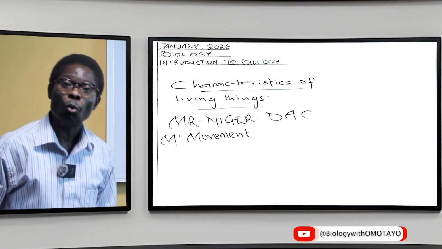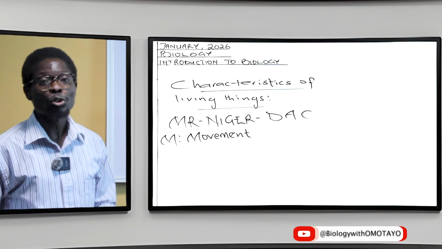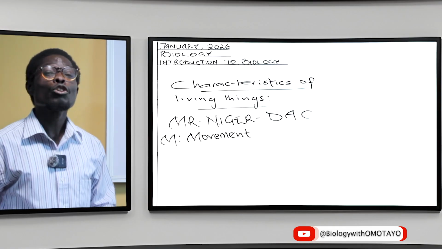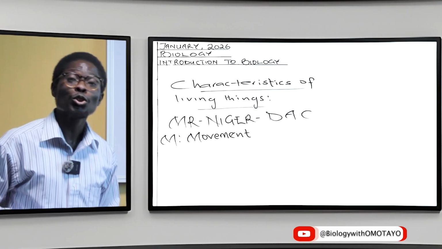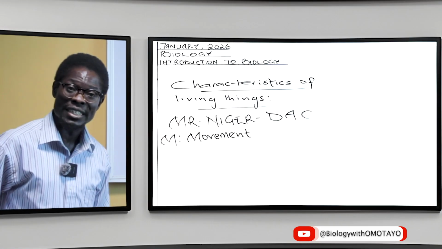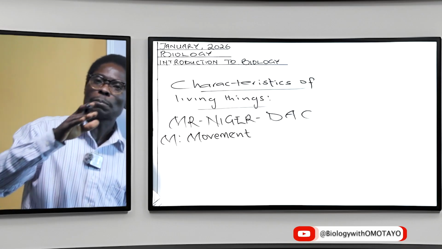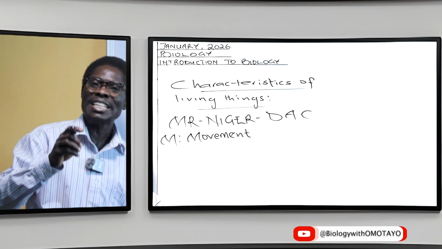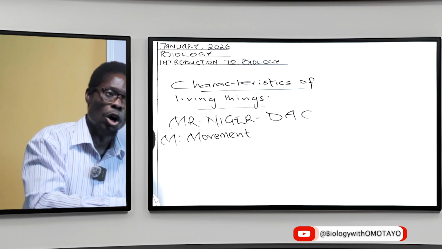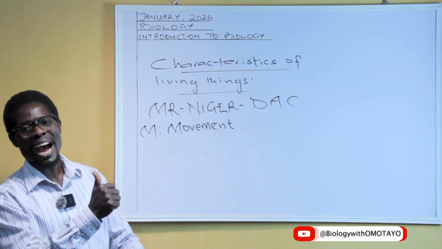After that, we equally have what we call tropic movement. Tropic movements are growth movements, usually associated with plants. What is experienced here is growth either in response, positively, to a desired stimulus, or growth away from an undesired stimulus.